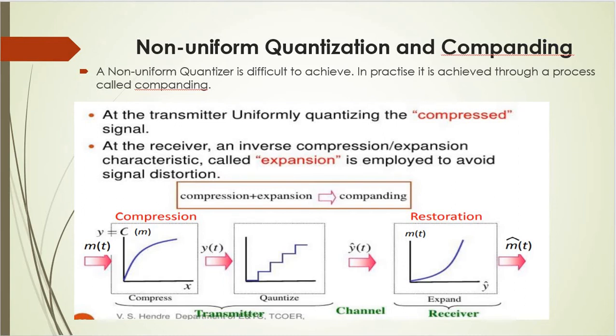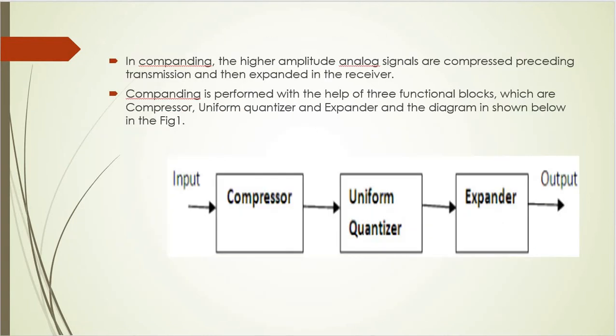Now let us see the building blocks of such a companding system. We have a compressor. The input is first compressed, then it is uniformly quantized at the transmitter end, encoded and finally transmitted through the channel. And we have an expander to restore the signal.